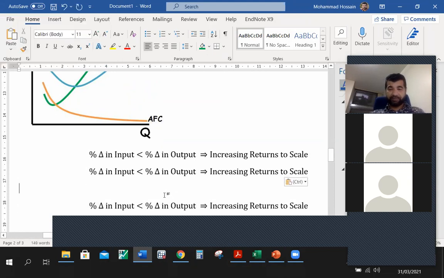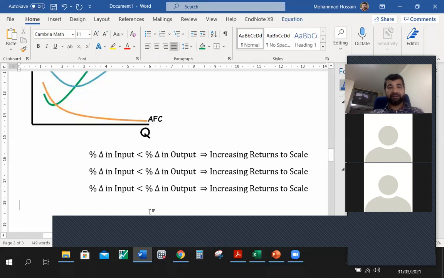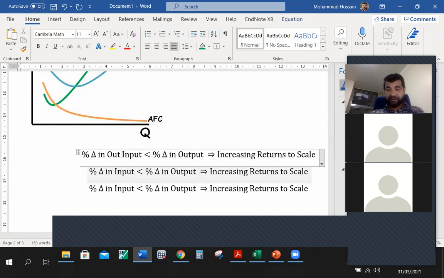Three of them I will talk about. Okay. Percentage change in input is less than the percentage change in output. When the percentage change in output is greater than the input, so output is greater than the input. I think I should write output fast. That will be better. Output.